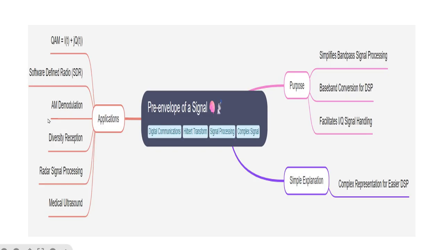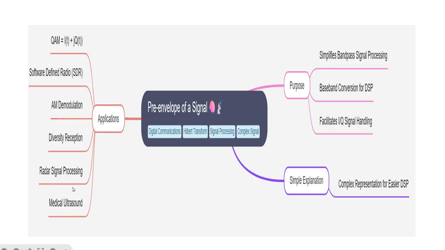Here the envelope of the pre-envelope gives the magnitude information, which helps in demodulating amplitude modulation signals. Then we have diversity reception, where in the wireless systems the signals from the multiple antennas may be combined using the complex baseband methods. Here the pre-envelope is the key to forming this.